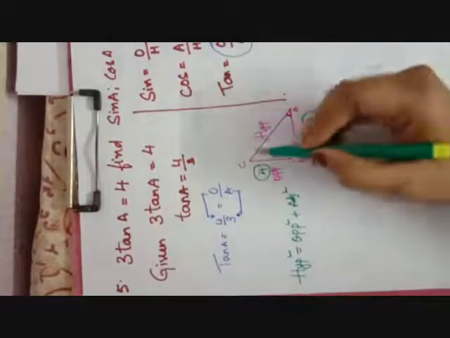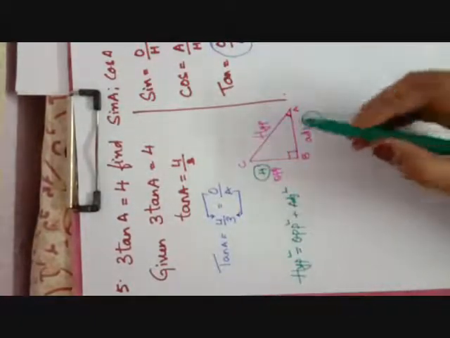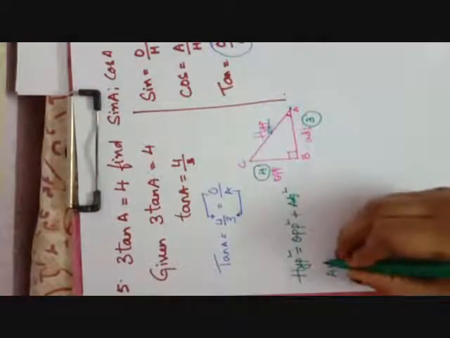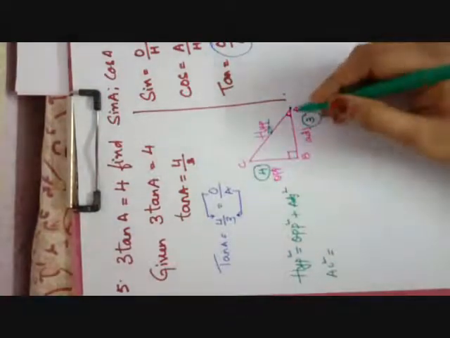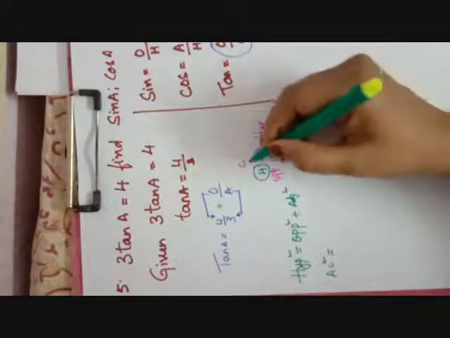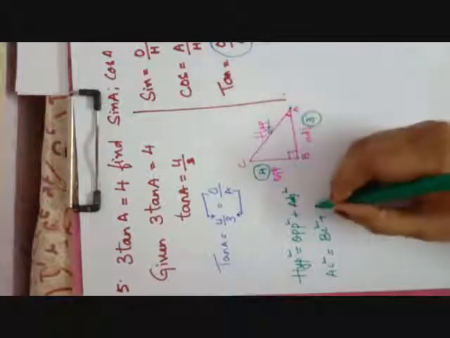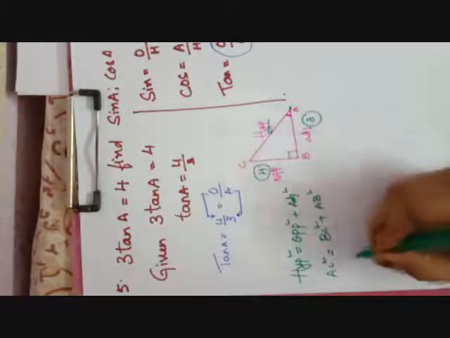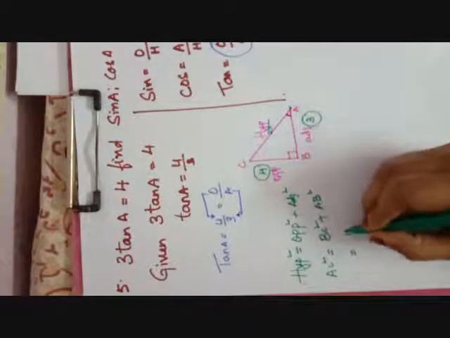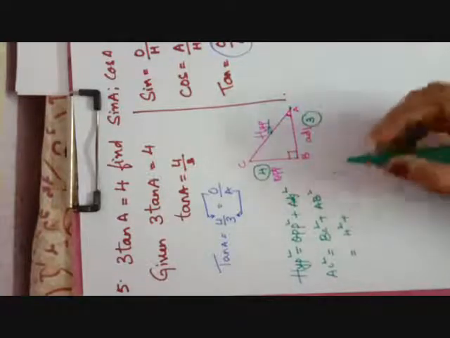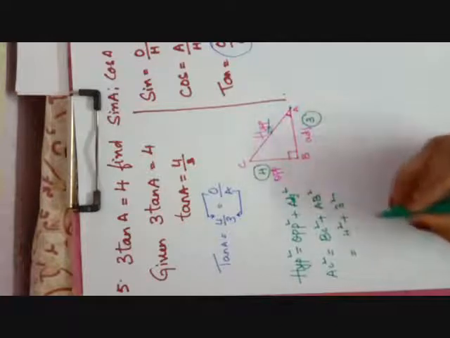Hypotenuse, that is AC. Check it up. Hypotenuse is AC. So AC square is equals to opposite is BC square and adjacent is AB square. Put the values now. BC is 4 square plus 3 square.